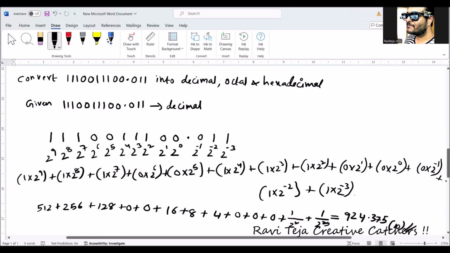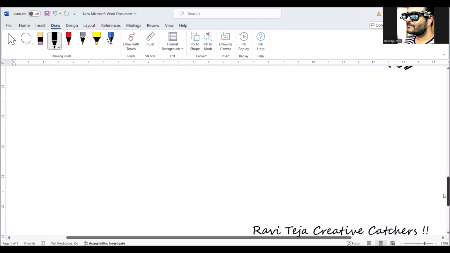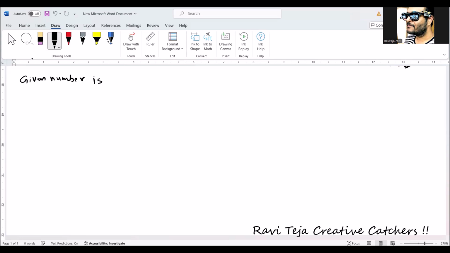Now let's see how this binary number is converted into octal representation. Given number is 1110011100.011.